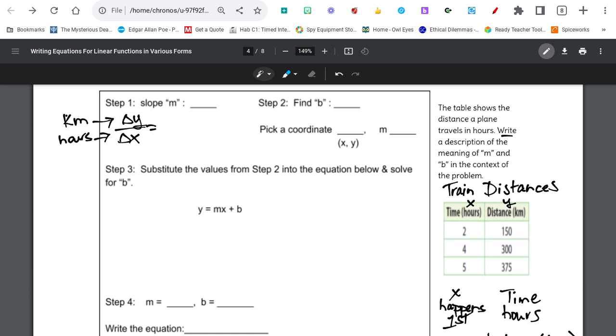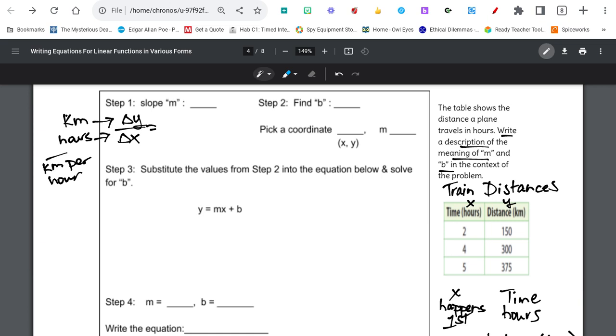That's going to help me, because on this one it says write a description of the meaning of M and B in the context of the problem. Well, if you write your units, it's going to help you to be able to say kilometers. And remember, slope is like a rate. So I can say kilometers per hour whenever I find it. So many kilometers per hour.